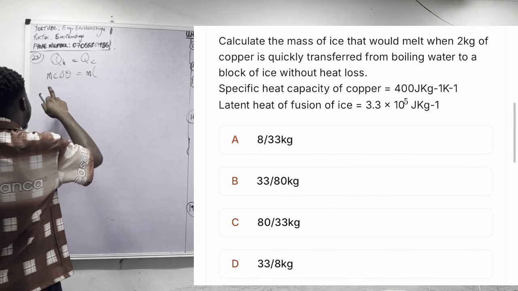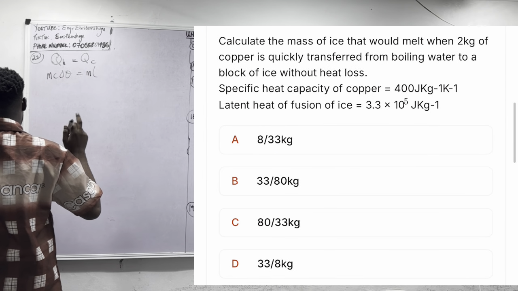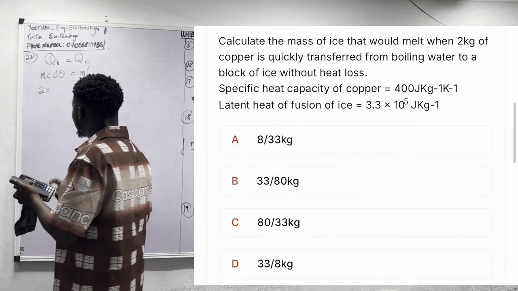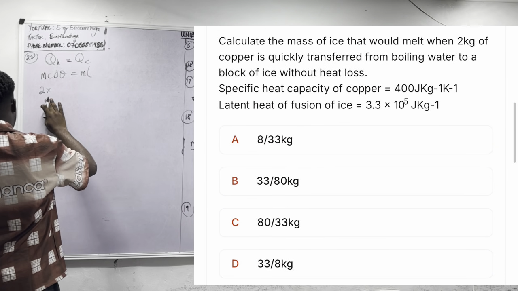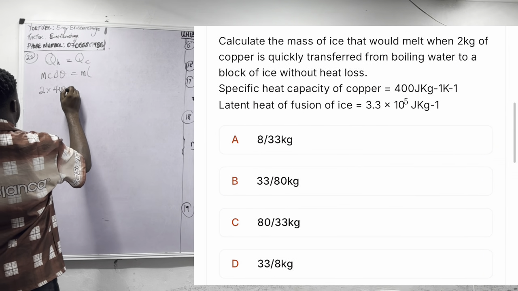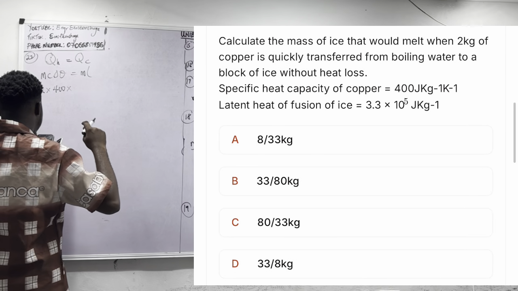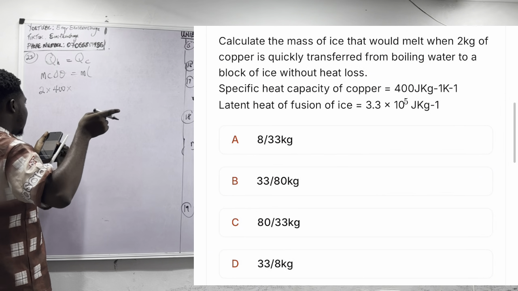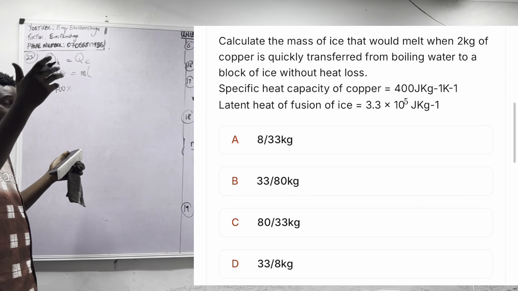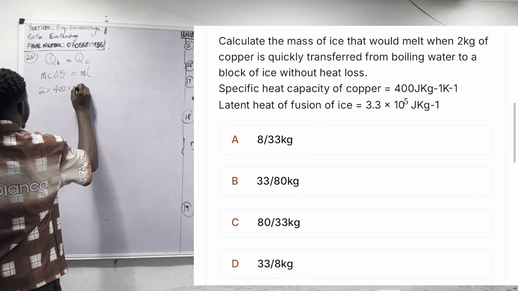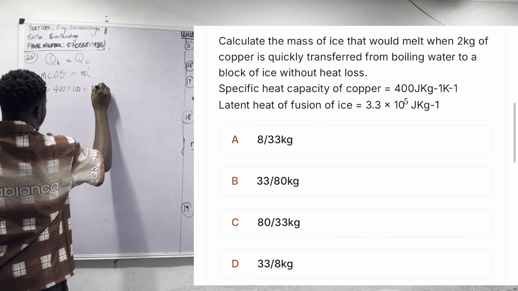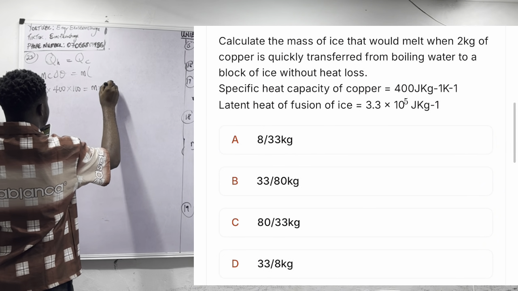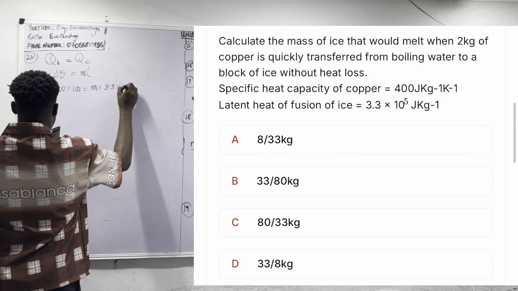Okay, so now the mass of the copper is the hot body here. So copper was 2 kg and the C of the copper was 400. Now the temperature change, from boiling water to ice, that's 100, because boiling water is 100, ice is 0. We're asked to find the mass of the ice, and the latent heat was given as 3.3 times 10 to the power 5.